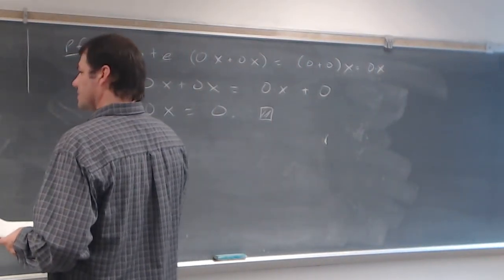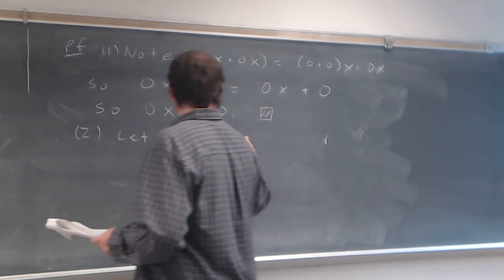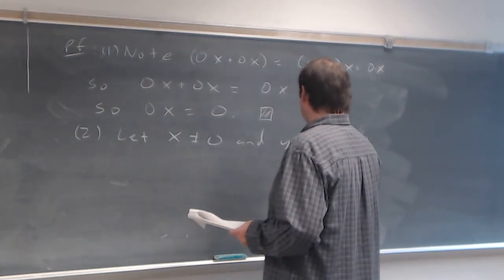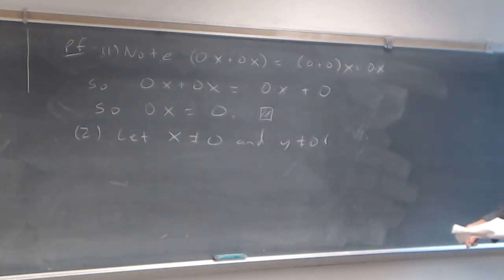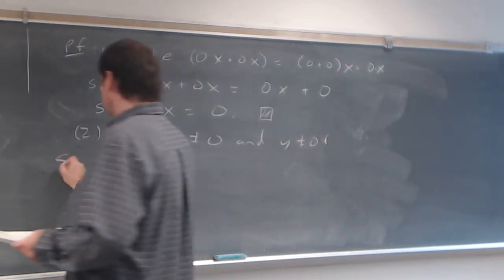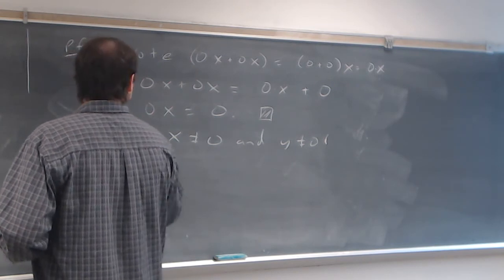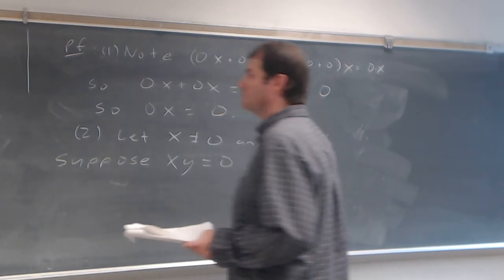Here's the proof for part two. We're going to let x be different from 0 and y be different from 0. We want to show that x times y is different from 0, but we're going to do this by contradiction. We're going to suppose x times y equals 0.